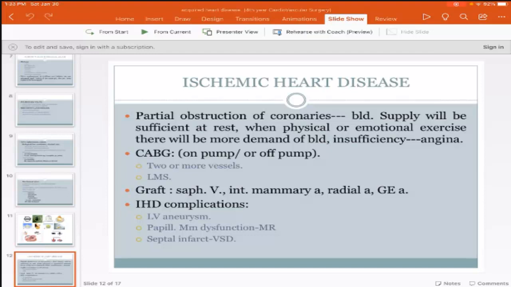It is always preferred to do a surgery for them, or they are a good candidate for CABG, considered over PCI when they have complex three-vessel disease. We mentioned that one.